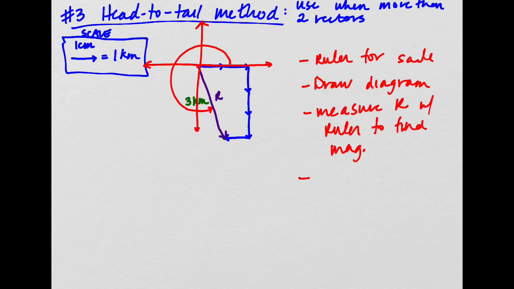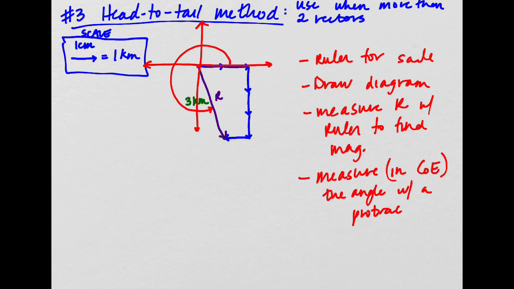Then you need to measure the angle, whichever one you want, whether it's the small one or the larger one, but it needs to be in counterclockwise of east convention. Measure the angle in counterclockwise of east convention with a protractor.